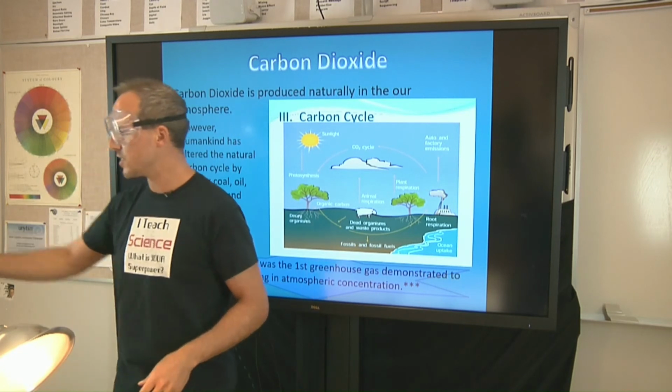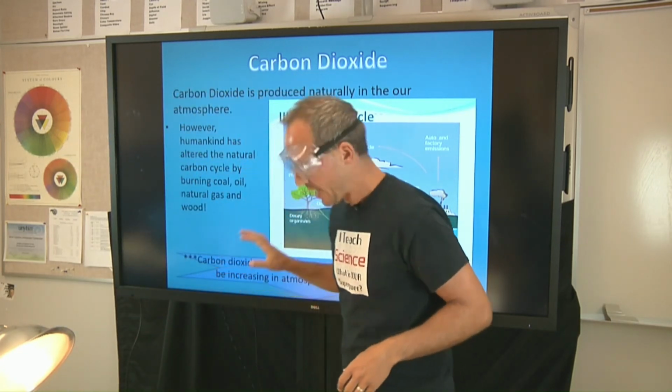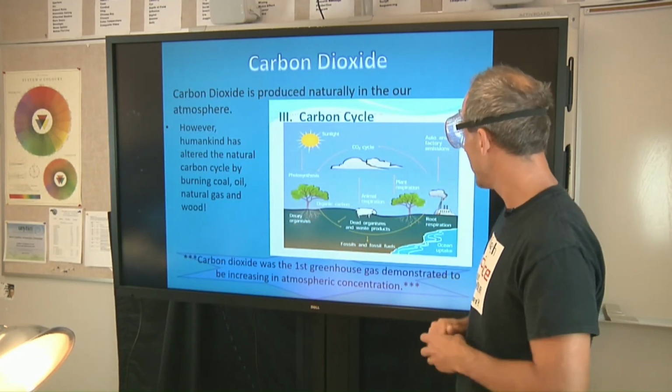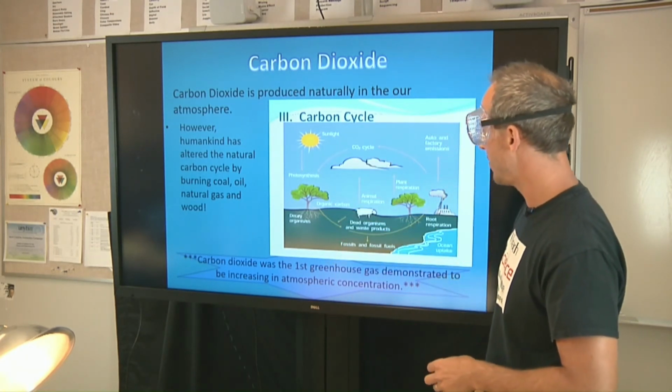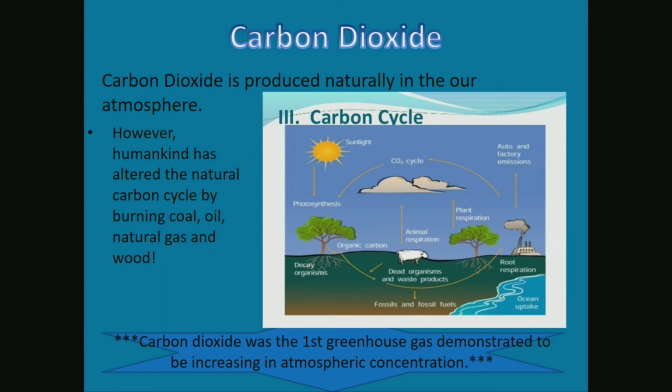Okay, so this graphic here is just showing the carbon cycle and how carbon is cycled through our atmosphere from when organisms die. Those dead organisms and waste products go into the soil and ultimately become fossils and fossil fuels.